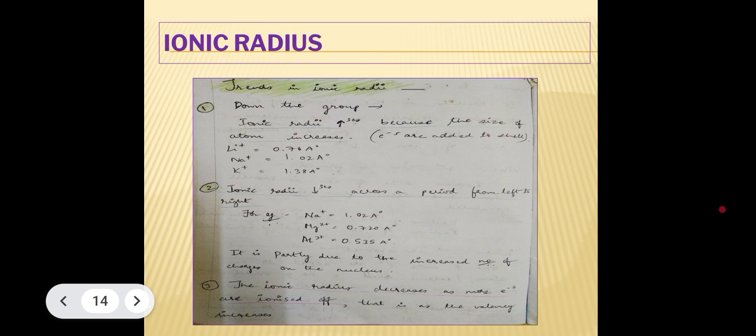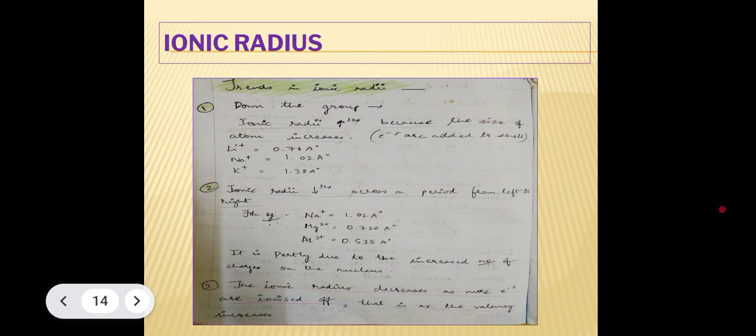Now, the second property is that ionic radii decrease across a period from left to right. As we move from left to right, the ionic radius decreases because, as I already told you, the effective nuclear charge is more because electrons are already lost. So it will have a grip over all the electrons, and they will shrink.